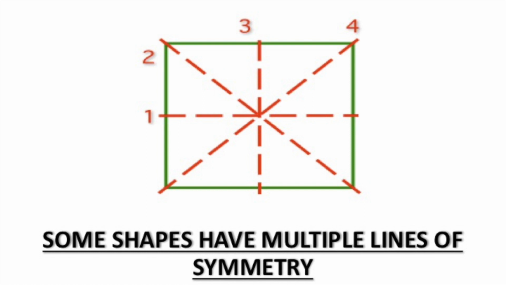But you look, a square doesn't just have one line of symmetry going straight down the middle. A square has 4 lines of symmetry. Because if we draw a line across the middle going horizontal, the top and bottom look identical. And if we draw lines from corner to corner, each side will still look identical. So you see how different lines of symmetry can make different shapes look the same.